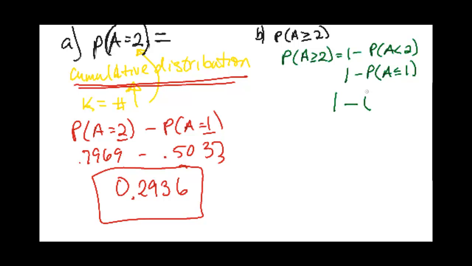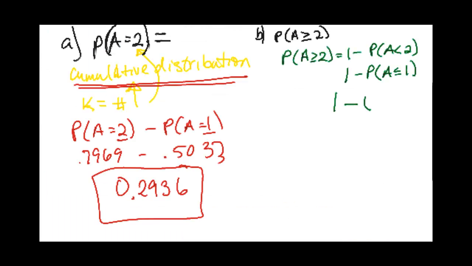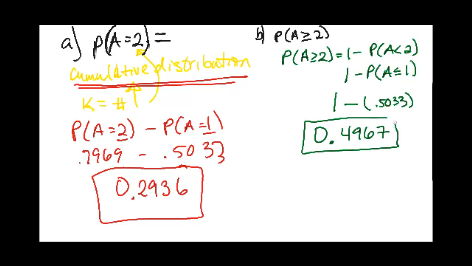If you look up the value for 1, it was 0.5033. So do 1 minus 0.5033, and you get 0.4967. That would be that.